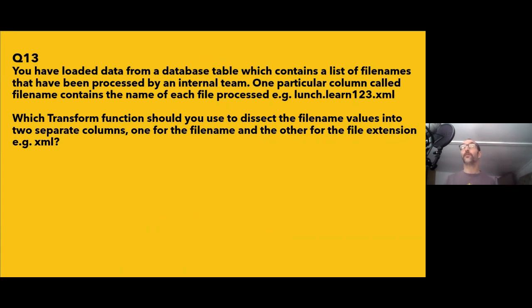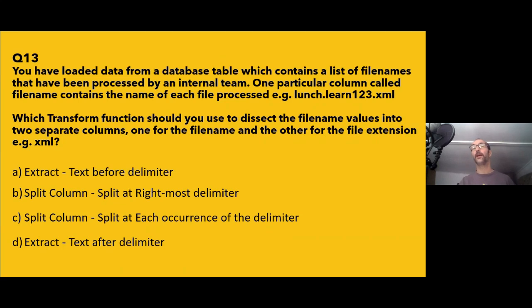Which transform function should you use to dissect the file name values into two separate columns, one for the file name and the other for the file extension, e.g. .xml?